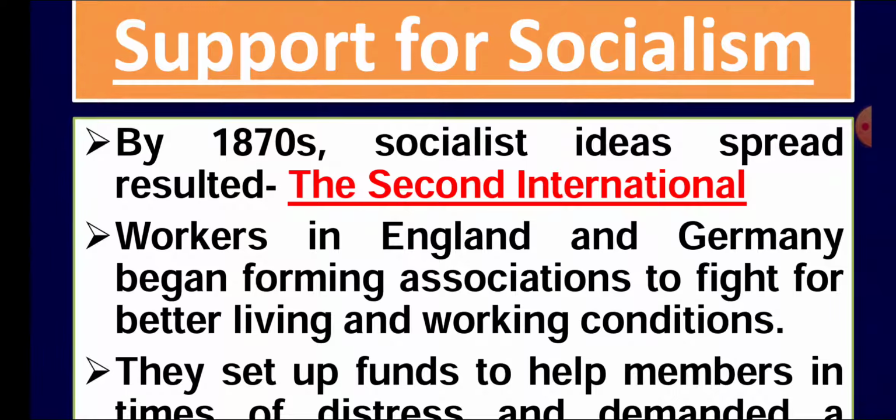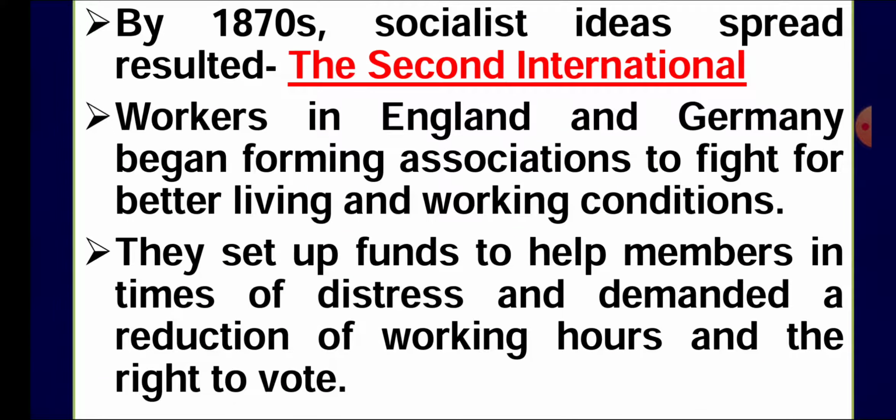In another line you can see that workers in England and Germany began forming associations to fight for better living conditions. They set up some funds to help the members in times of distress and demanded a reduction of working hours and the right to vote.